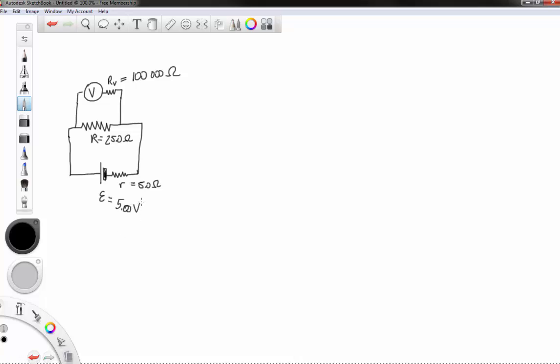So we've got to figure out from this what initially is the current and voltage drop across each of these, and then what happens when we put this voltmeter in parallel with them.